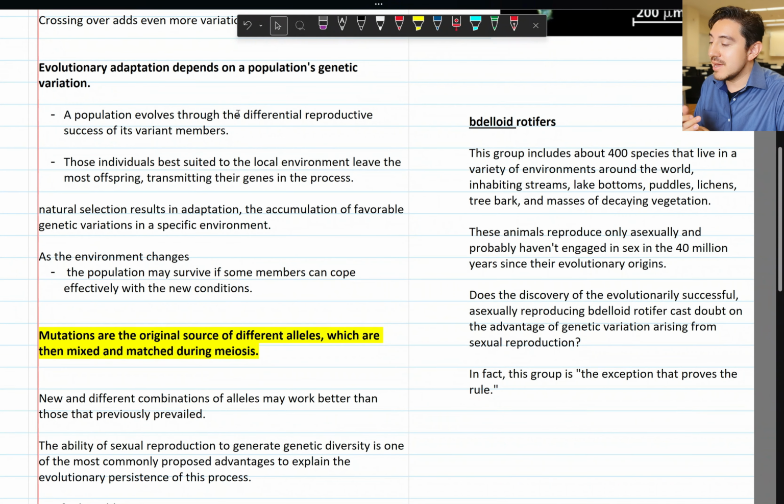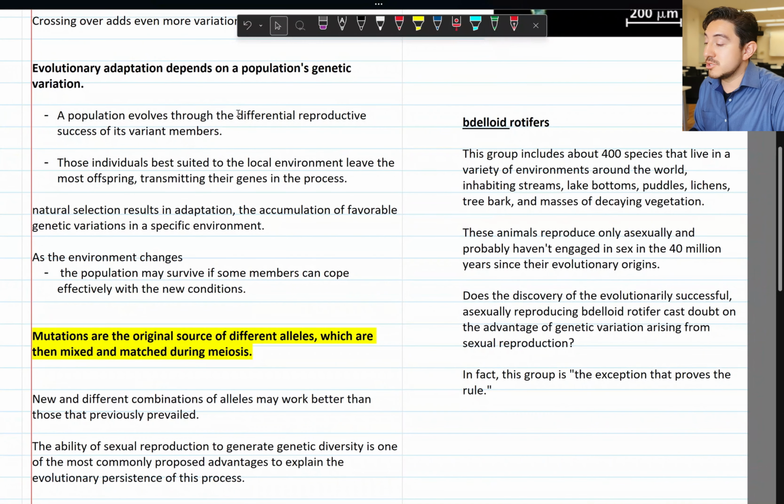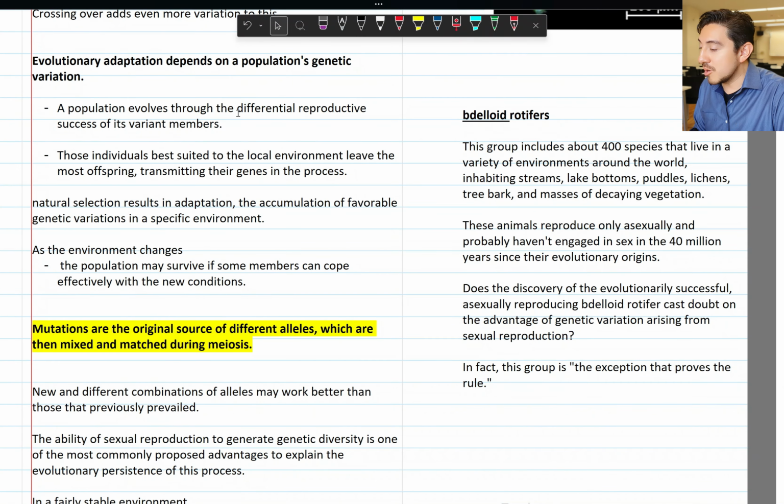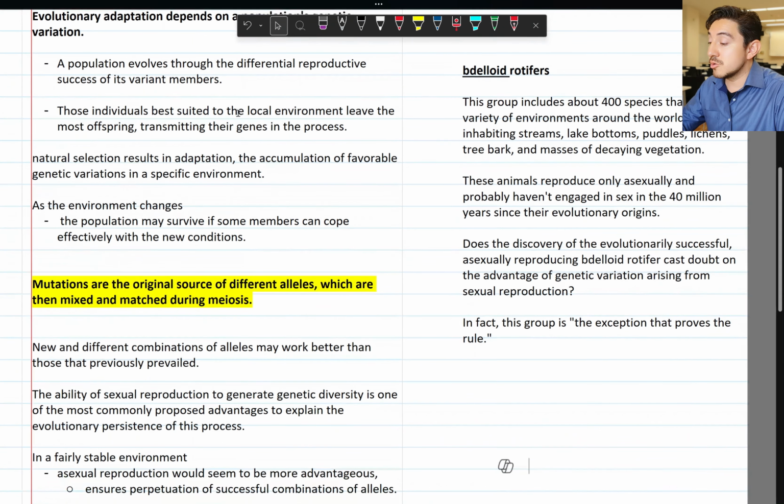So evolutionary adaptation depends on a population's genetic variation. The more varied you are as a population in terms of genetics, the more likely you can have the traits to survive and continue the species. A population evolves through differential reproductive success of its variant members. Okay?